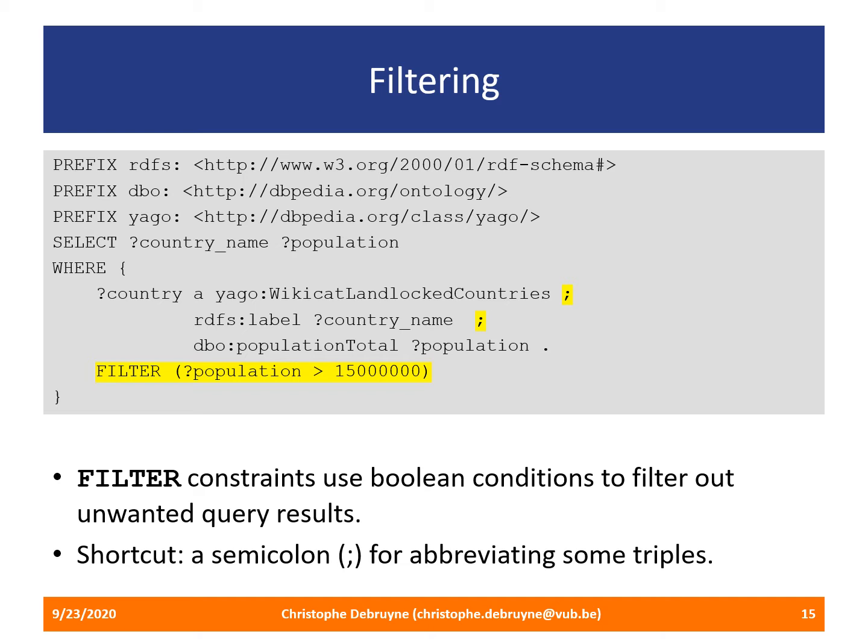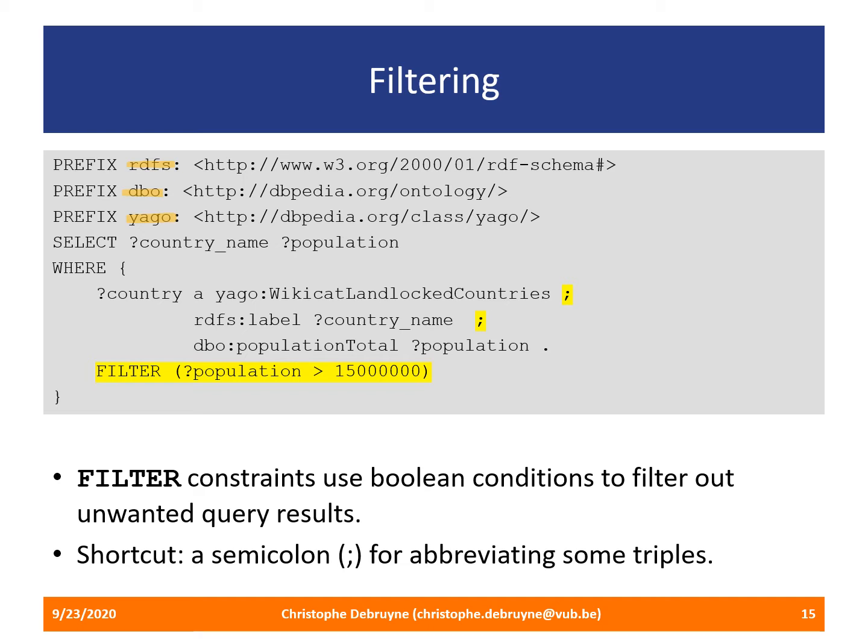So in this particular example, I'm availing of the RDFS namespace, the DBpedia ontology, and the Yago ontology, and I'm looking for country names and their populations. And those variables are going to be pulled from this particular select clause.